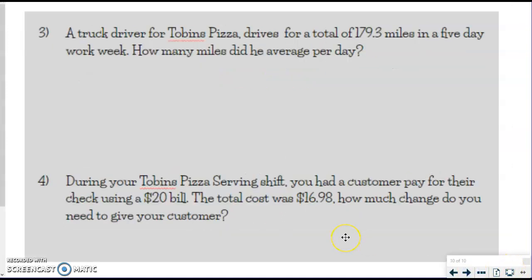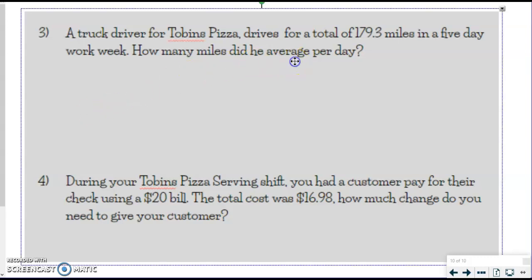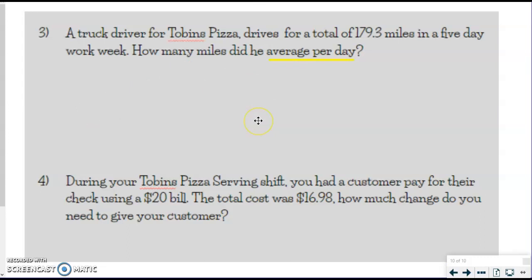Again, if you want to do those for practice later, you can, but moving forward, a truck driver for Tobin's Pizza drives for a total of 179.3 miles in 5 days. In a 5-day work week. How many miles did he average per day? Now there are several keywords here, but I'm focusing right here on average per day. So there's that per word again. Now it could be multiplication or it could mean division.